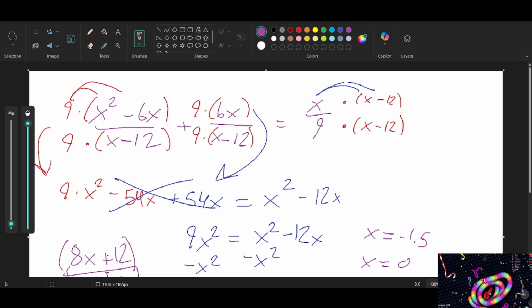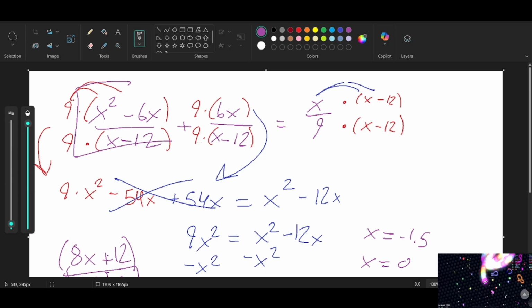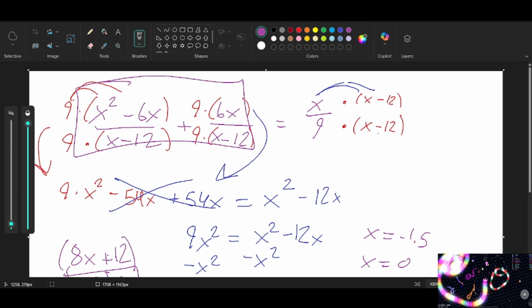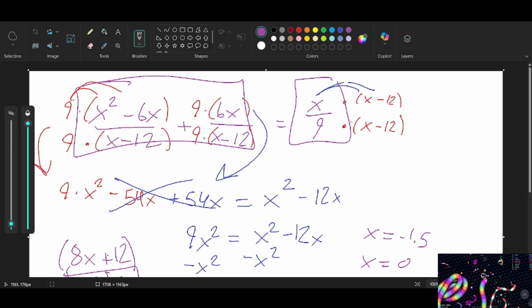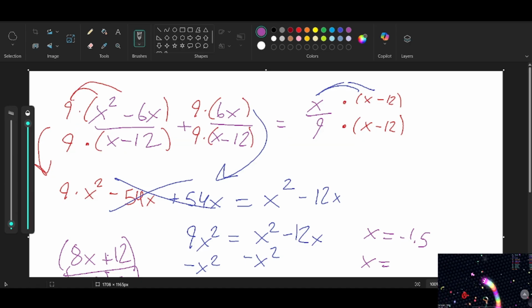Either way, if I plug x equals -1.5 in, or if I plug x equals 0 in, this sum is going to equal either -1.5 over 9 or 0 over 9.